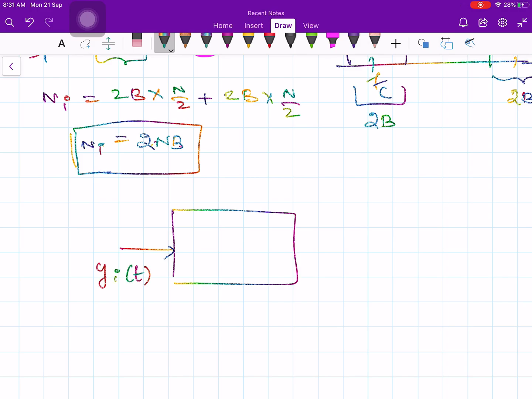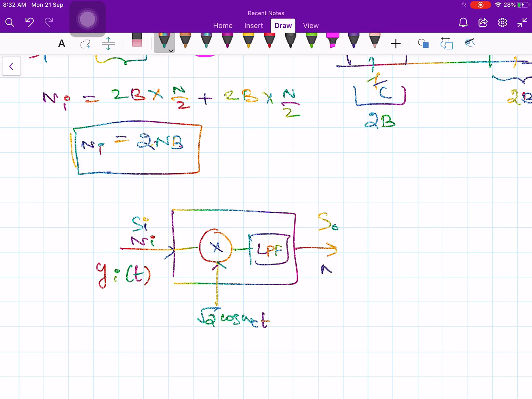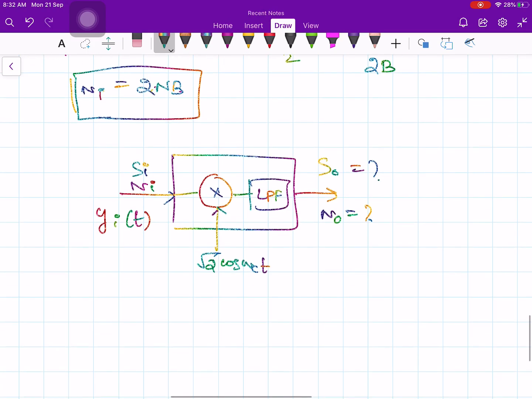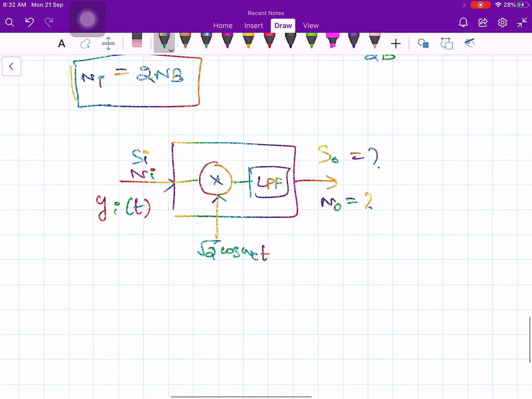The demodulator contains a product multiplier, root 2 times cos of omega ct, followed by a low pass filter. At this point we calculated Si and Ni, and now we would like to calculate S0 and N0. What is S0 and what is N0? The output of your demodulator. It's again a fairly simple calculation.